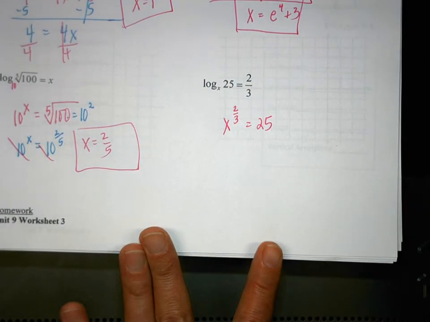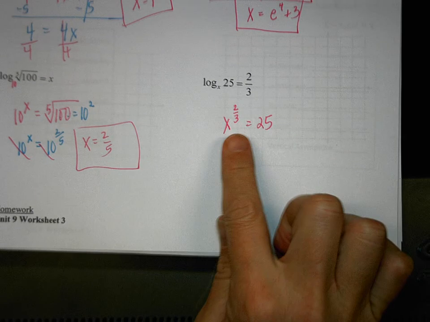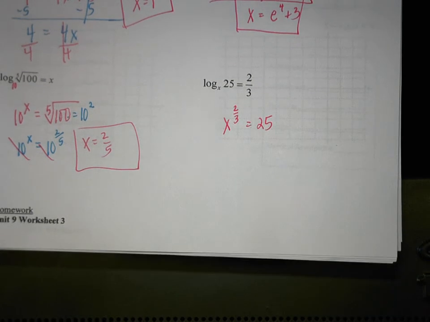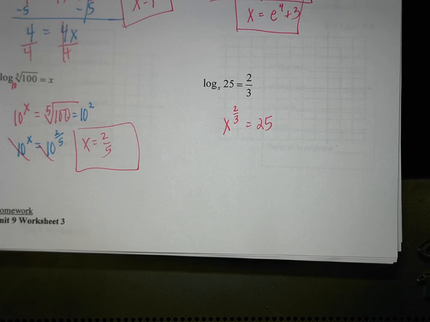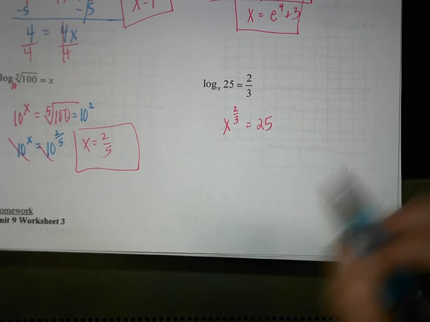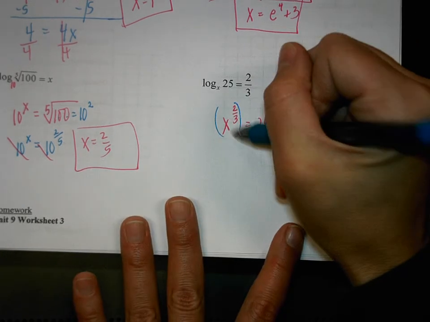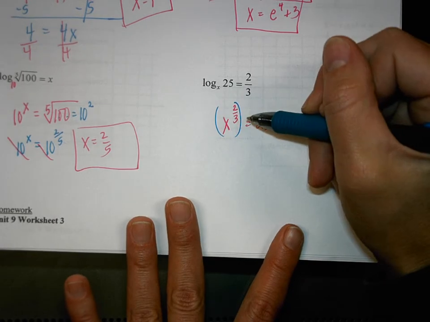Okay. How do I get rid of that 2/3 exponent? X equals square root of 25 to the third, or cube root of 25 squared. Close. Yeah, actually you're right.